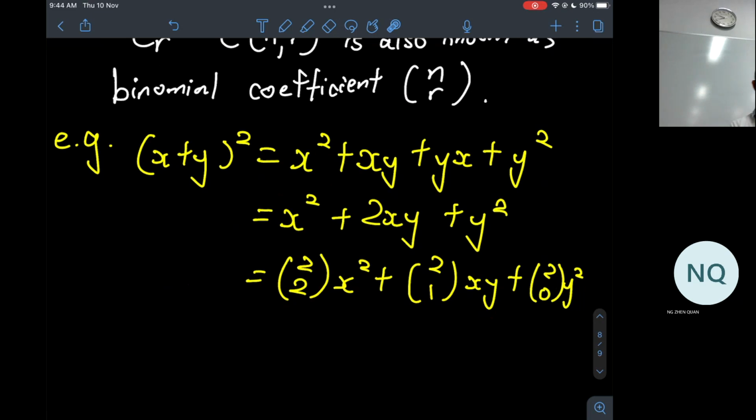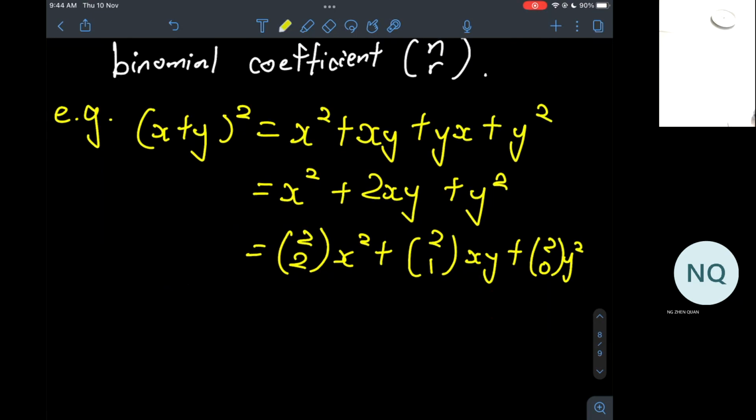So this is the combinatorial meaning. For example, these numbers can help you compute large powers.